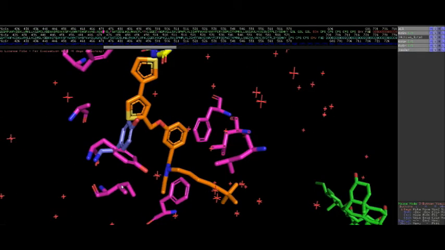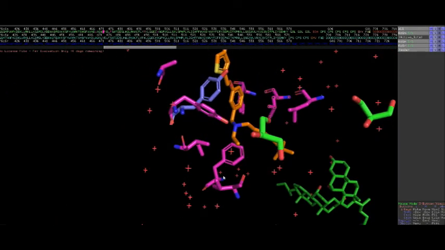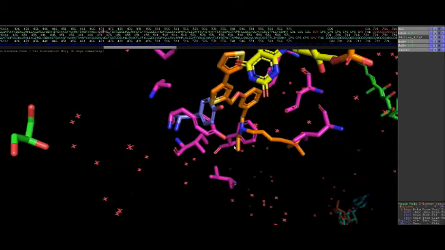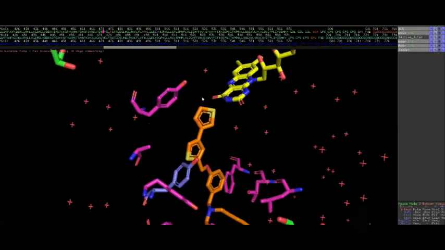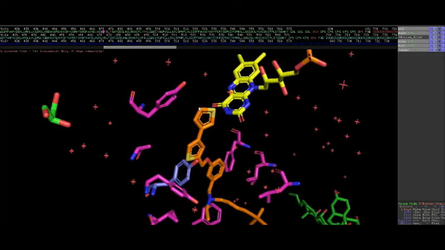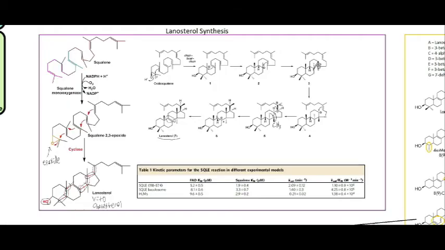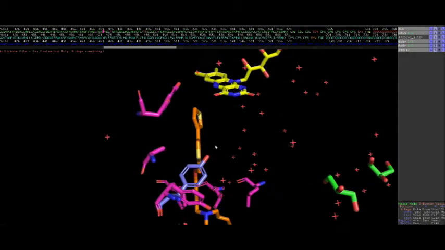We have this isoleucine right here, and we have this valine right here. So there's just a lot of hydrophobic residues in the active site, which makes sense because if we look at our squalene, this is all hydrophobic. And so it would make sense for the active site to be filled with hydrophobic residues.